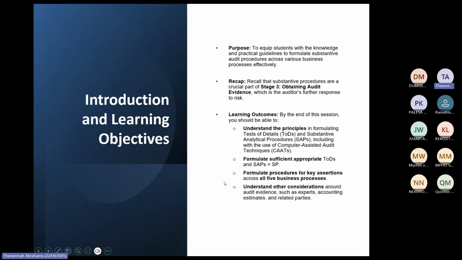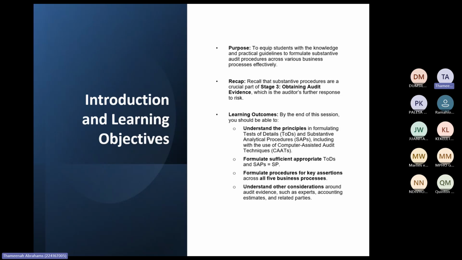Then formulate procedures based on the key assertions relating to all 5 of the business cycles, which are the revenue and receipt cycle, the acquisition and payment cycle, the inventory and production cycle, the payroll and personnel cycle, and the last cycle is the finance and investment cycle. We went through a bit of those 5 cycles in the test of controls session on Sunday evening.